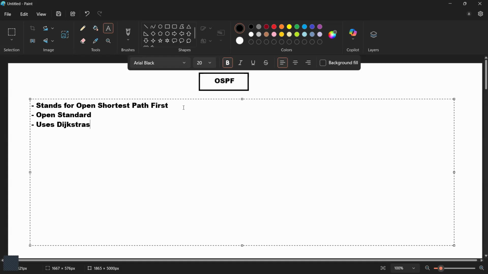I think you can check the spellings. So the open comes from here and SPF comes from here. And this is the reason it is OSPF. Clear?